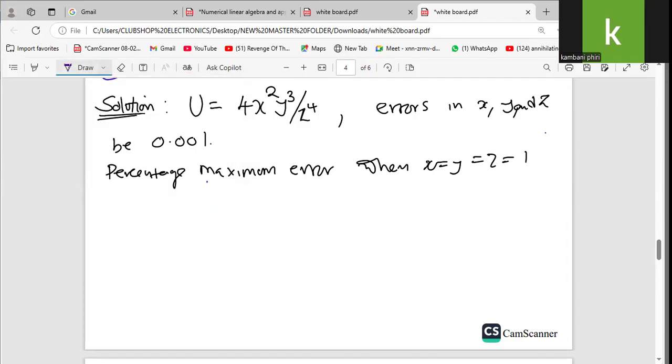So to get the maximum error of this function, we need to differentiate. We need to come up with partial derivatives.